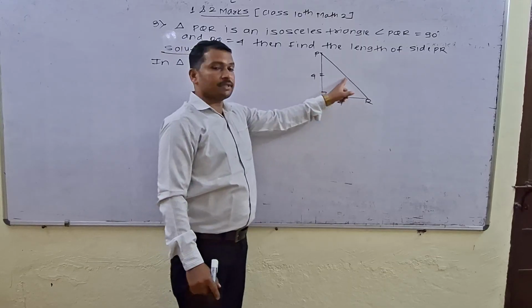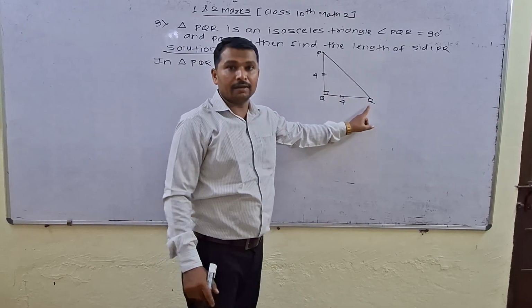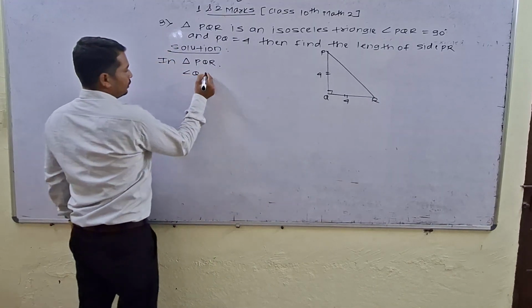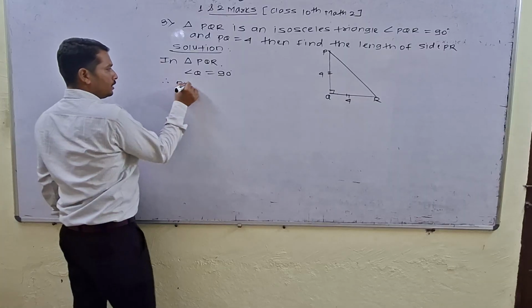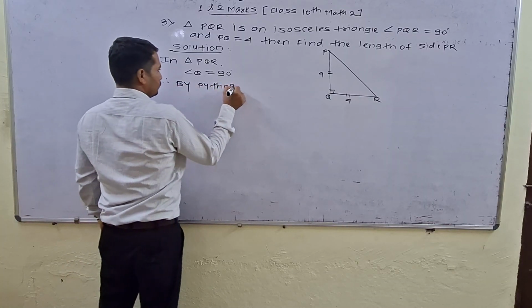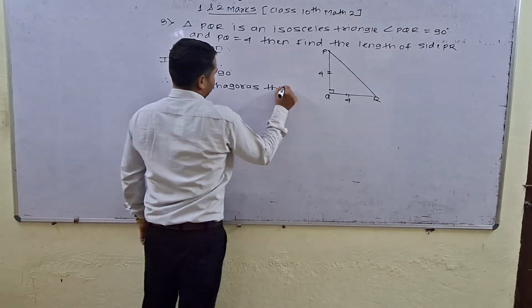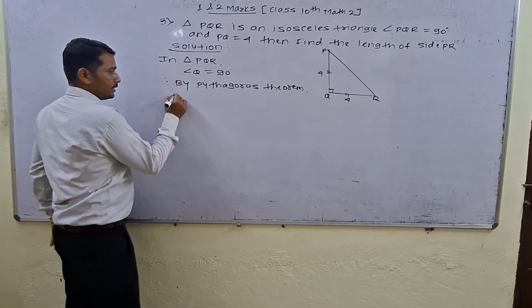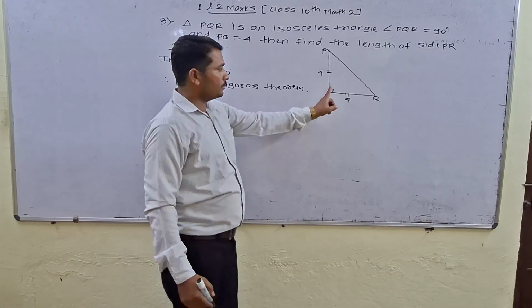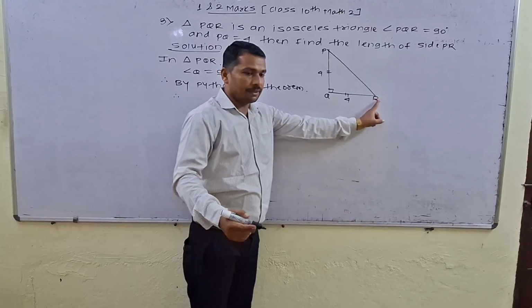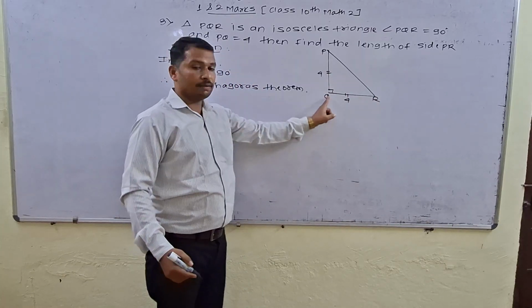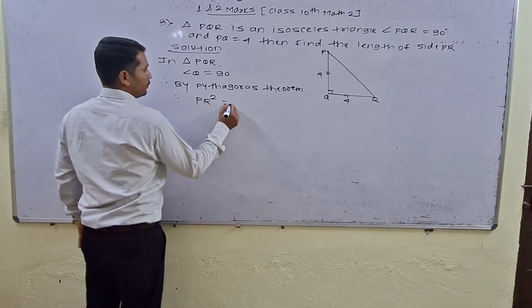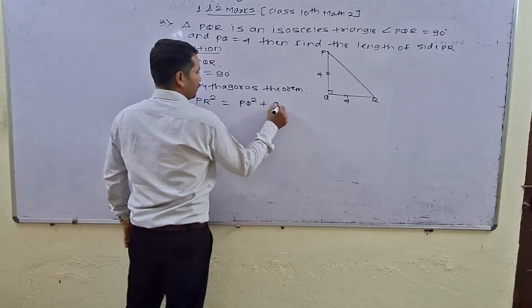So we know that the side opposite 90 degrees is the hypotenuse. By the Pythagoras theorem, PR square is equal to PQ square plus QR square.